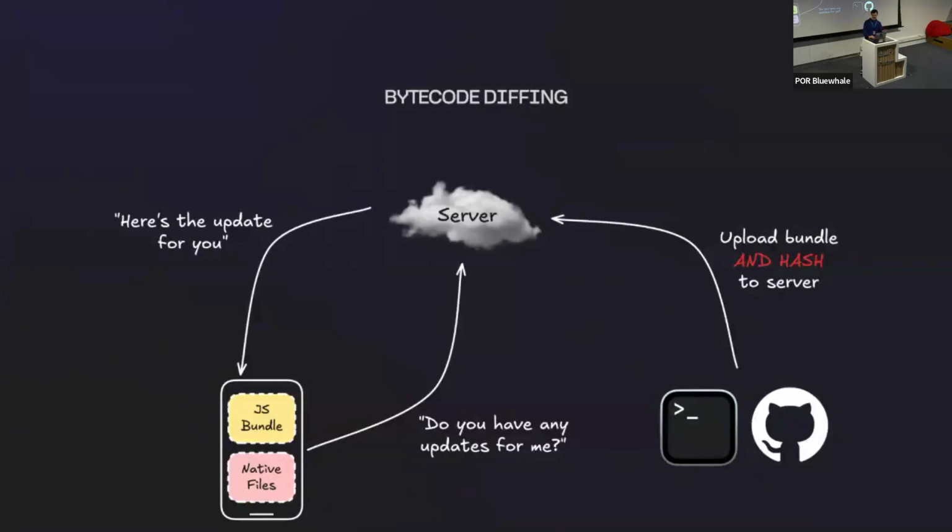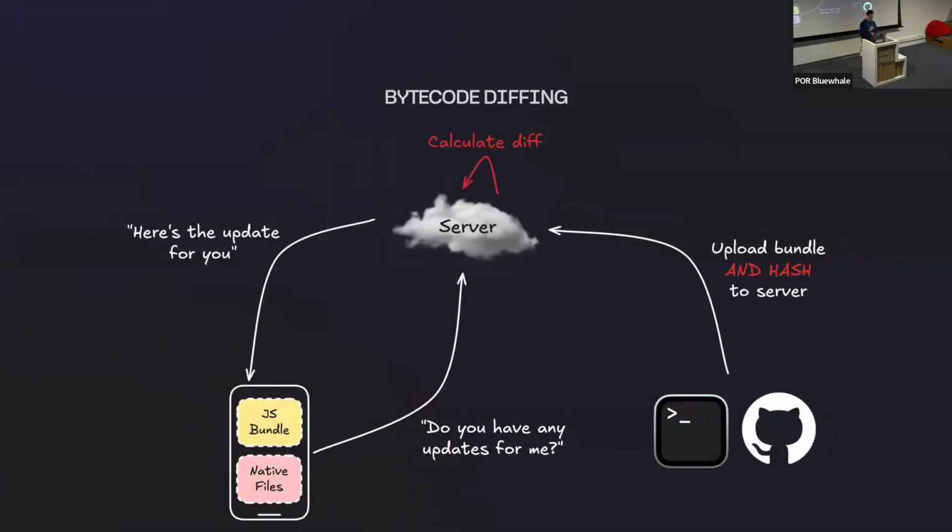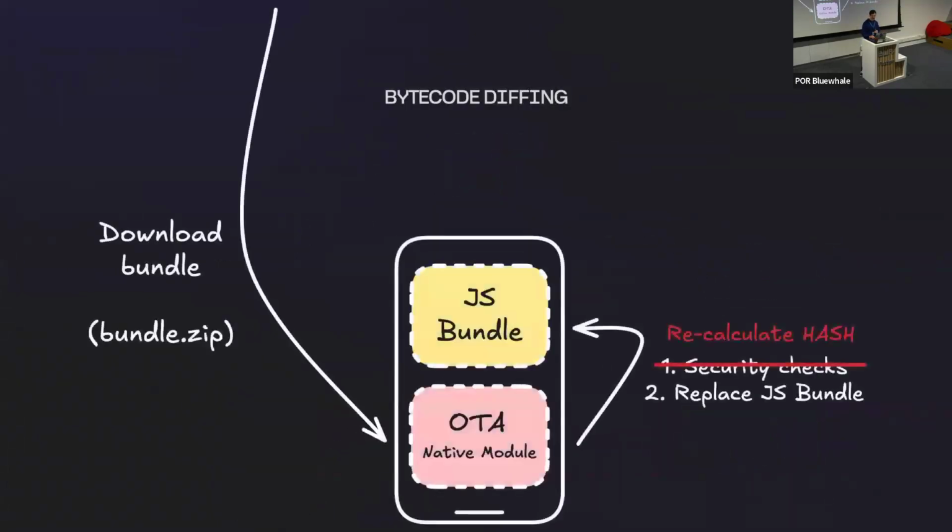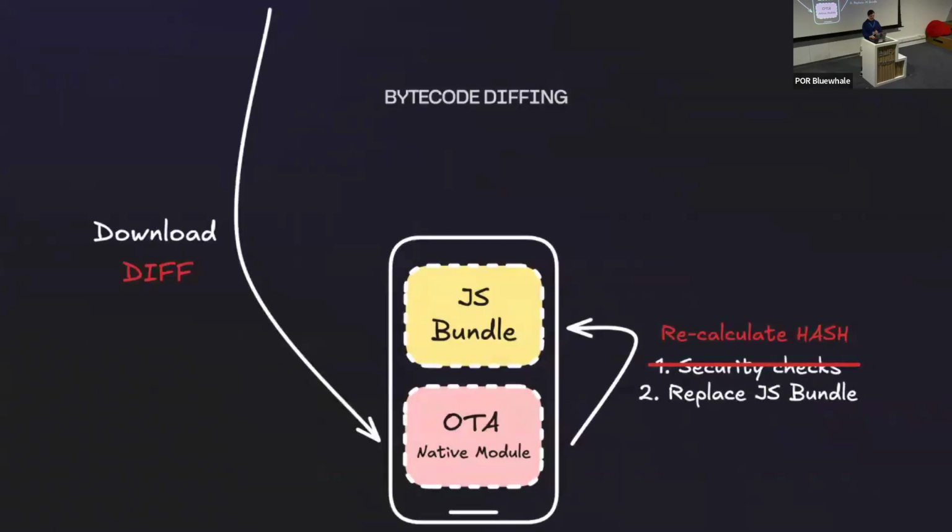So coming back to this drawing, the thing that will change here is that after you upload the bundle to your server, it will calculate this diff between the previous bundle and the new one. And when we download it, so we go back here, instead of downloading the bundle, you download the diff. And instead of replacing the JS bundle, you apply the diff.